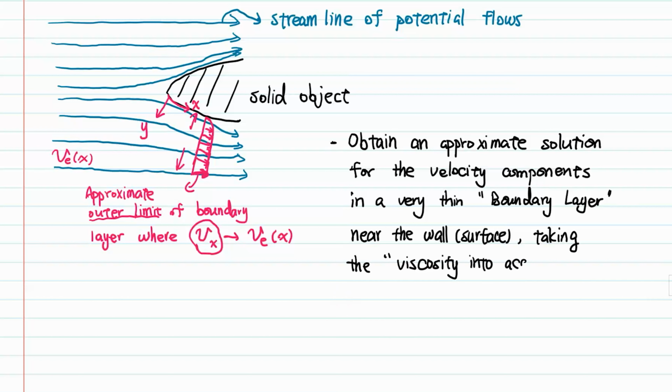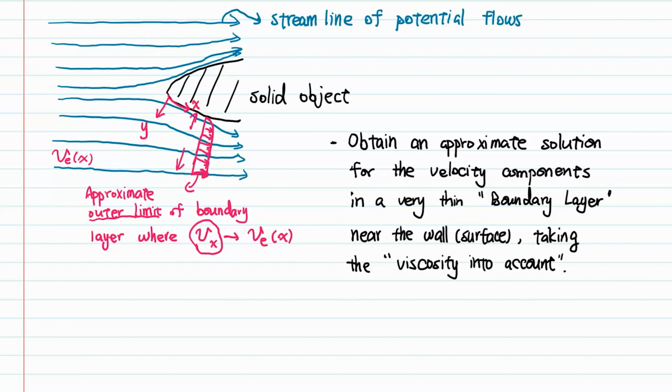Because as we remember, in the potential flow, it's all driven by pressure forces, and there will be no differences in the velocity between adjacent streamlines. So if you don't have a velocity gradient, you do not have viscosity effects, or you do not have drag force. So viscosity doesn't come into play. Okay, so that's the first bullet point.